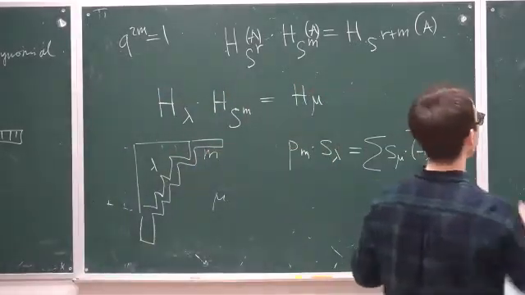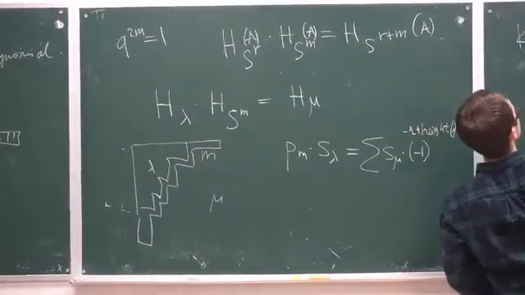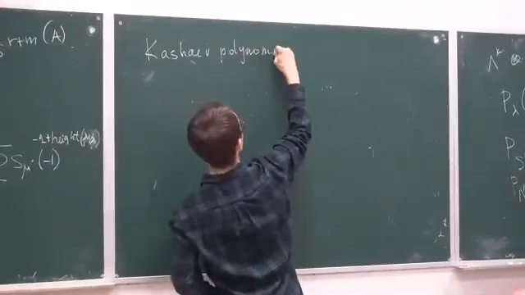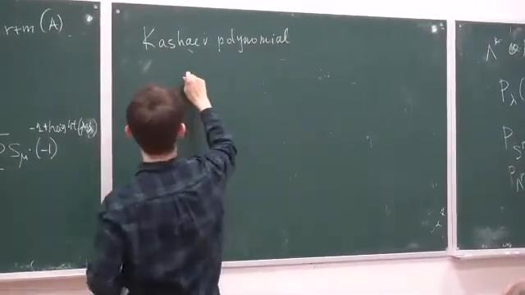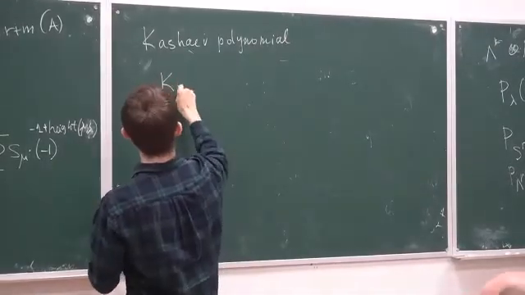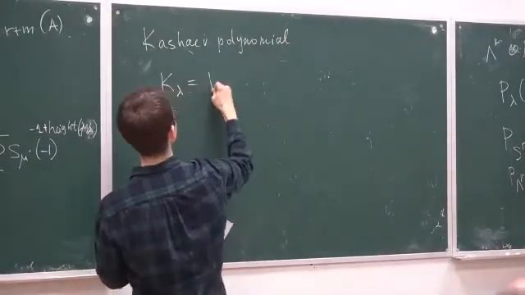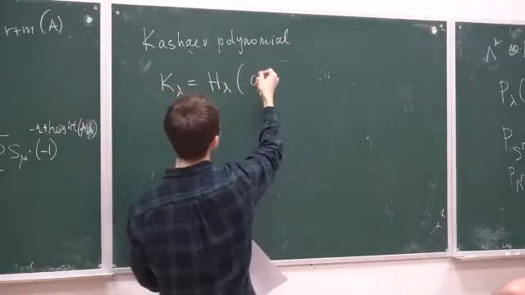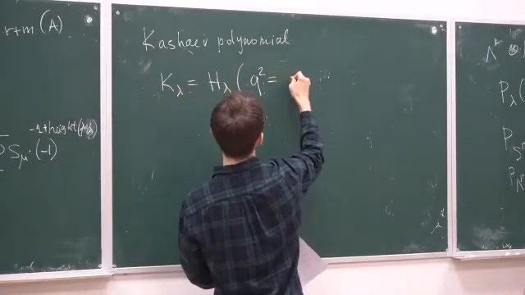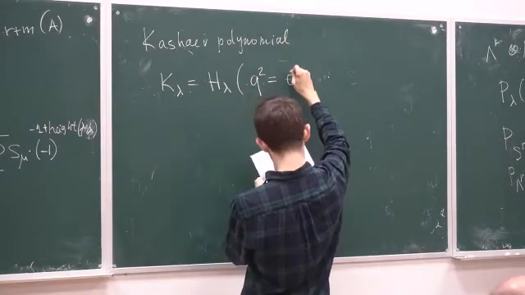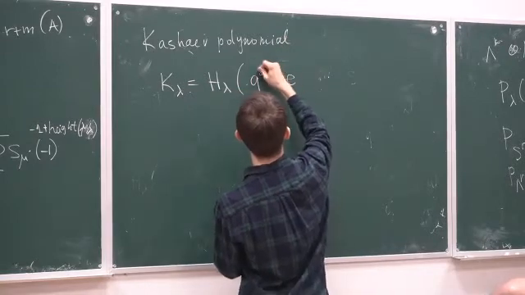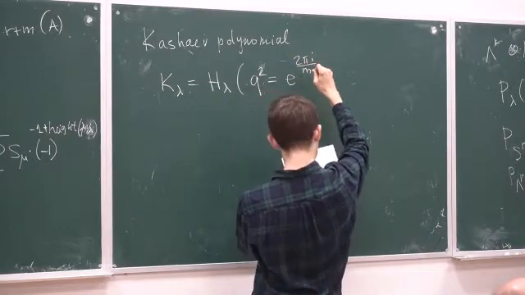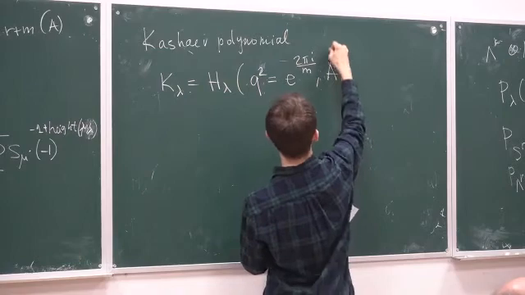Also, let's talk about the Kashaev polynomial. The Kashaev polynomial is the following. In representation lambda, it is the colored polynomial of lambda when q is a primitive root of unity. So q squared is equal to e to the pi i over m, and a.